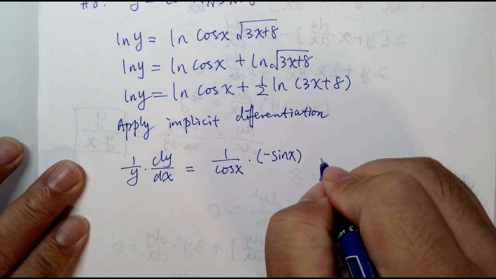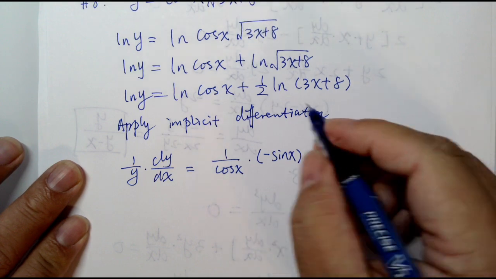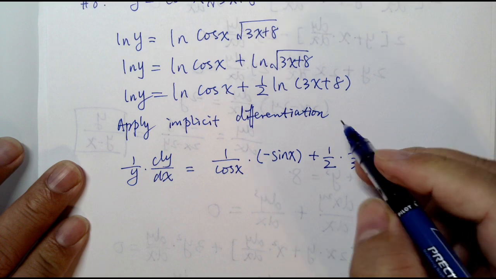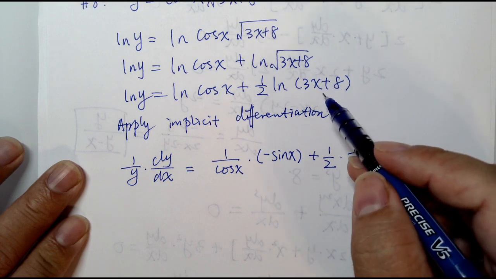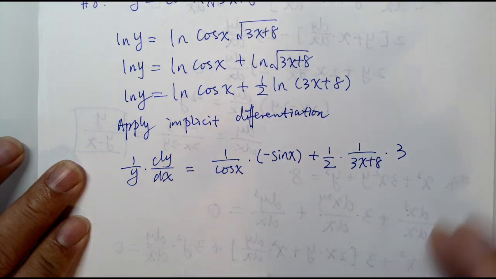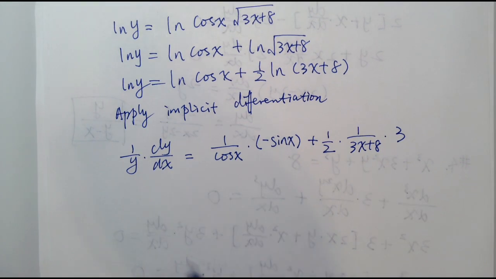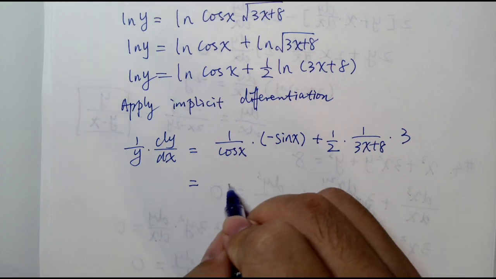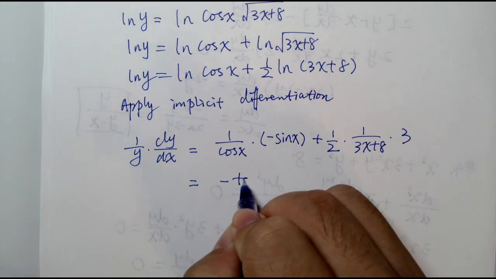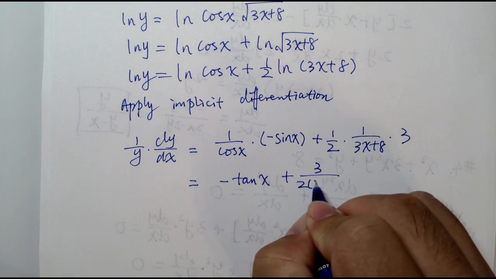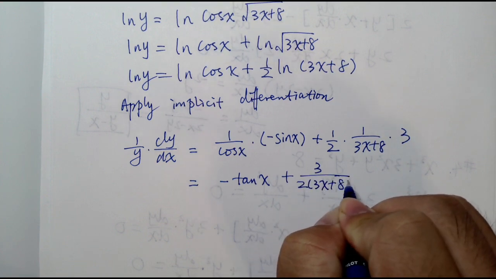Okay. And then plus half times the derivative of this, which is 1 over 3x plus 8 times the derivative of 3x plus 8, which we know is 3. Okay. So now you can see, so this is negative tan x, right?